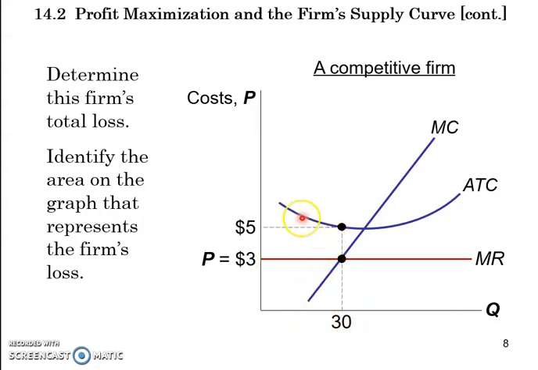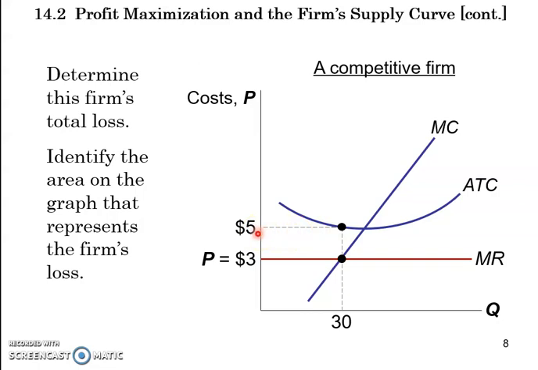Now we find the ATC lies above the price line. So when the firm produces 30, you go all the way up and you hit the ATC. At that level, we find the corresponding ATC is $5.